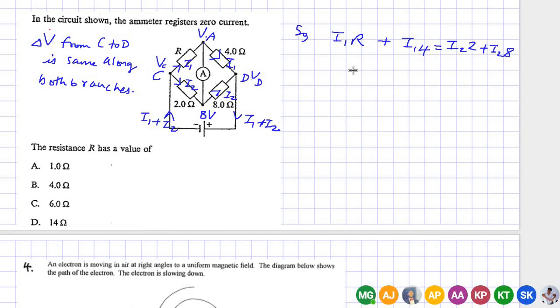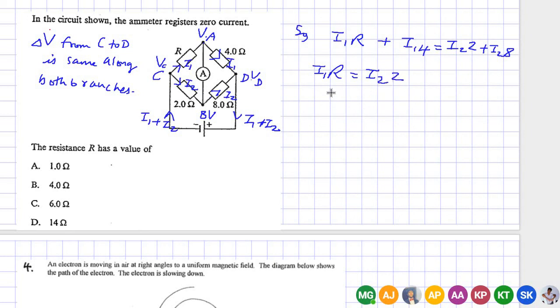If the potentials at A and B are equal, that means you're starting with the same potential VC and ending with the same potential at A as well as B. That means the potential drop from C to A is equal to the potential drop from C to B. That means I1R is equal to I2 into 2.